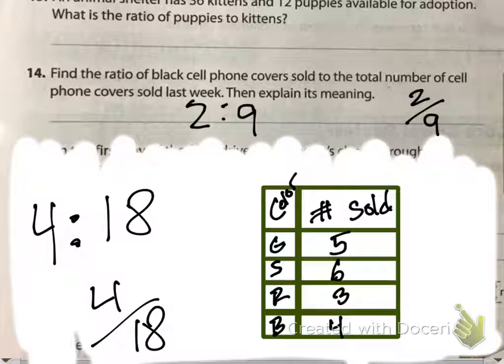That doesn't mean 2 of the covers were black and 9 of them weren't. It means 2 out of 9 because this is the part and this is the whole, right? Exactly. This means 2 out of 9.